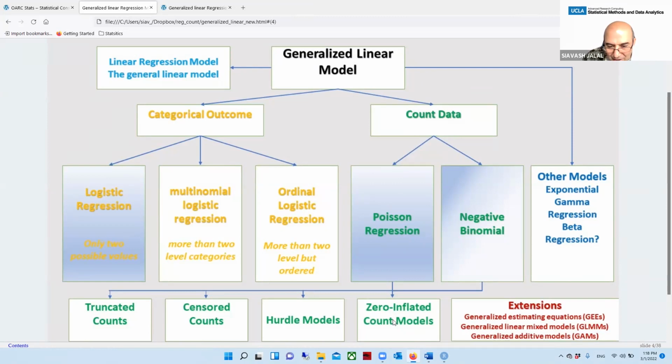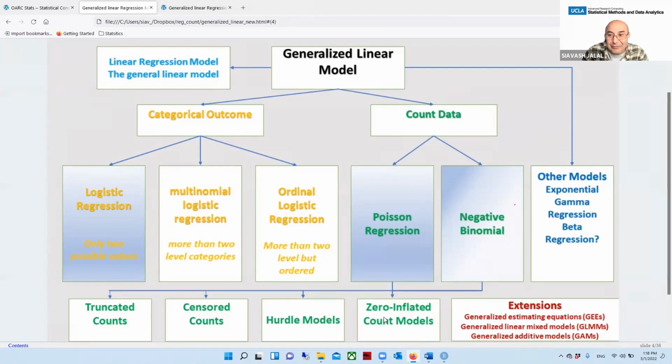A zero inflated count model is a model that has a 0, but there is another 0 that is coming from another structure, basically another route, right? A very popular example of this model is people going to a lake and how many fish they catch.